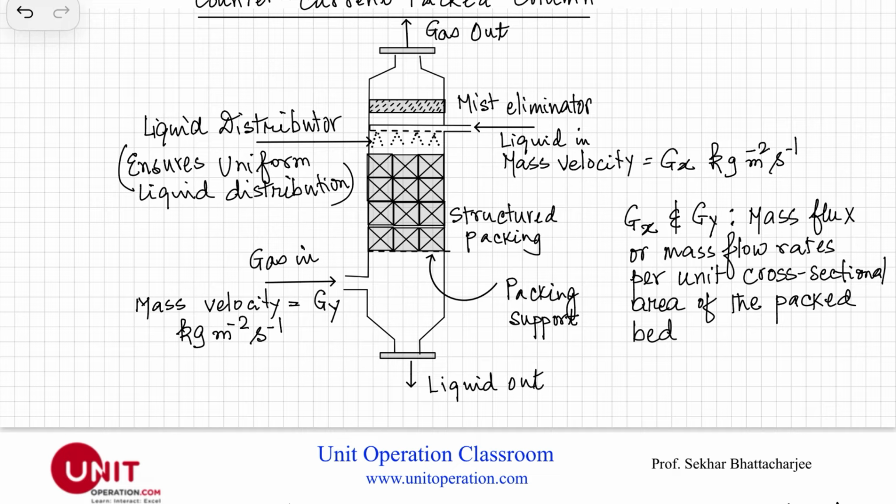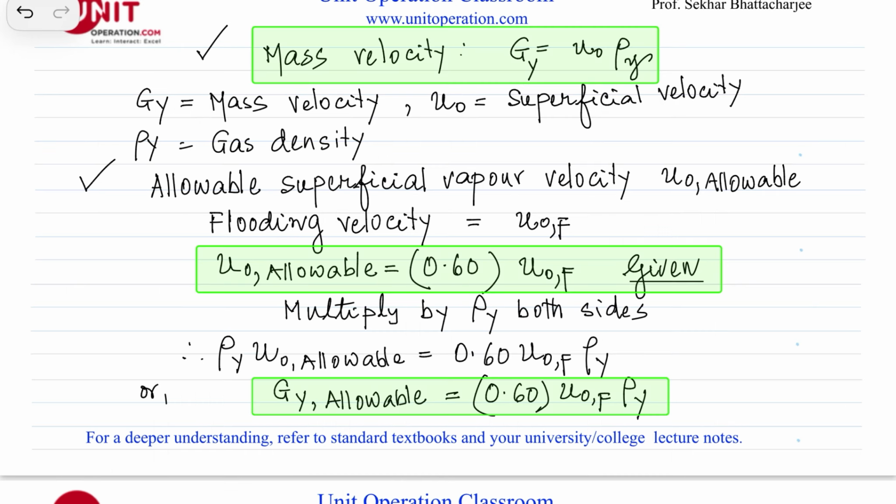So normally these columns are operated at 60% of the flooding velocity. Now we have found the ratio of the flooding velocities for packing P and Q. It says that the actual operating superficial velocity is 60% of the flooding velocity. Mass velocity is the superficial velocity multiplied by the density. Since the allowable superficial vapor velocity is 60% of the flooding velocity, this is given.